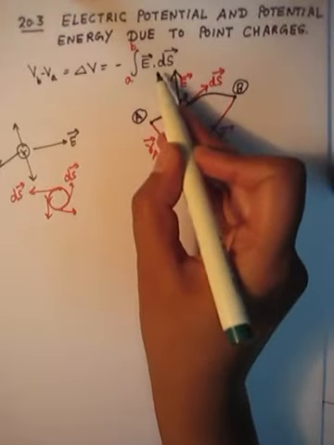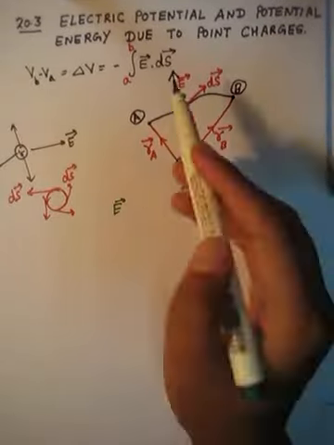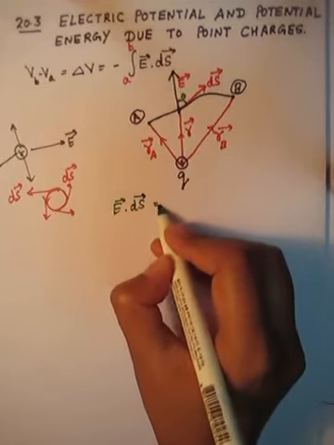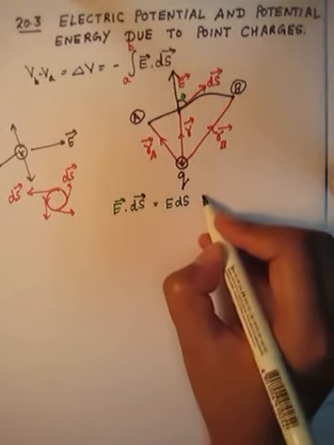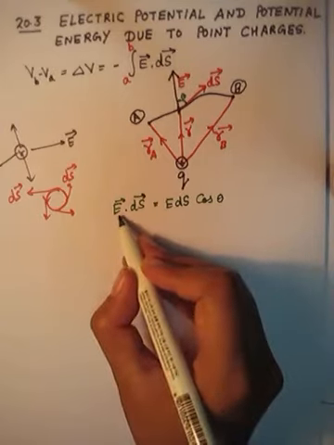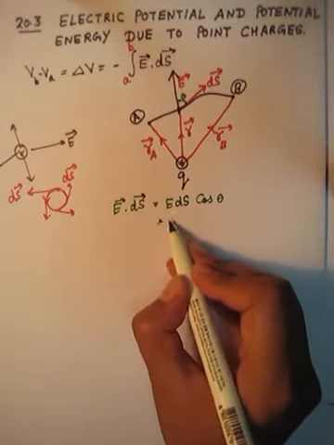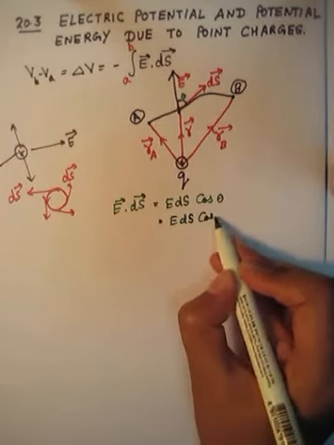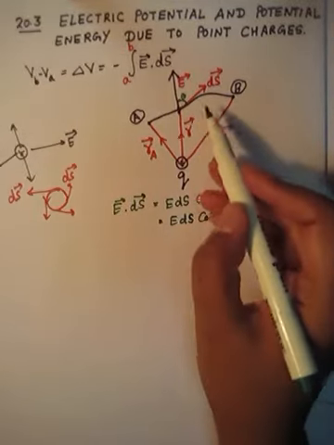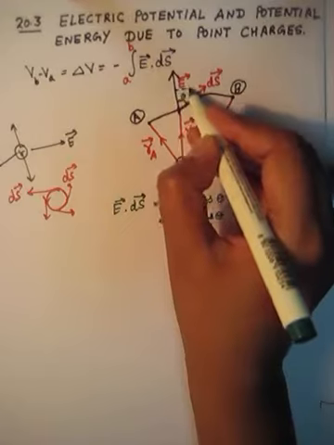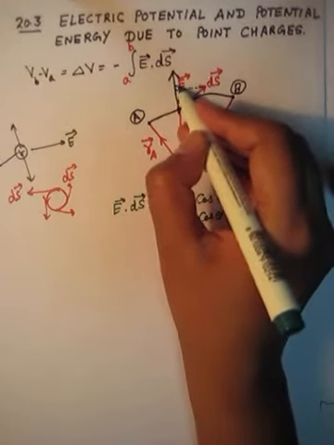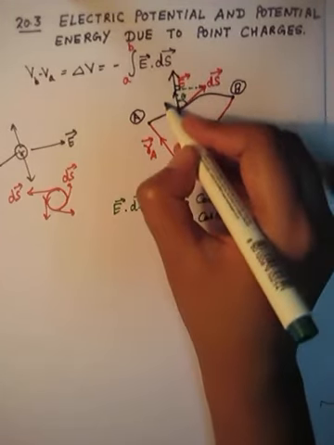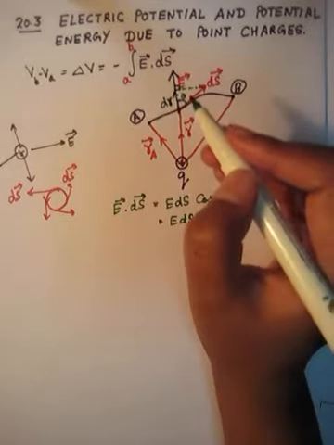Now let us find E vector dot ds vector. It will be E ds cosine theta, where theta is the angle between electric field and displacement vector. Now in this triangle, if I draw a perpendicular on this line, and this is r, this distance should be dr in magnitude.